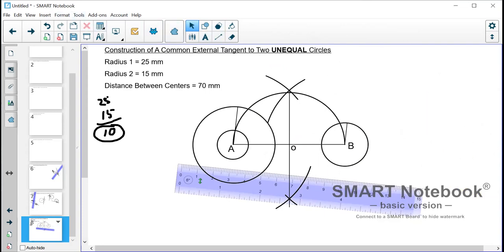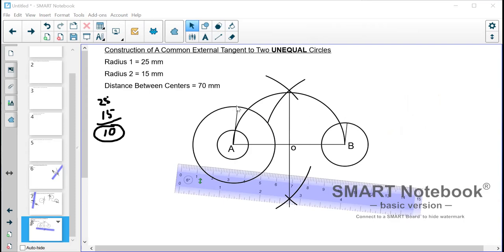Now, having completed that, we can draw a tangent to touch both of those points. If you remember from the previous video on tangents, the normal is drawn 90 degrees to the tangent.